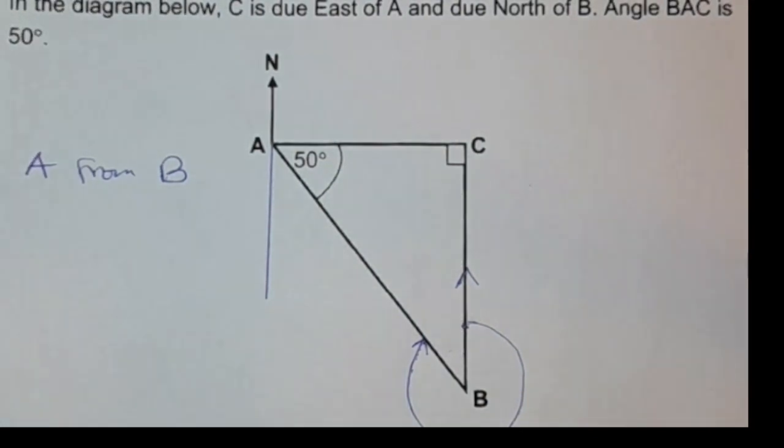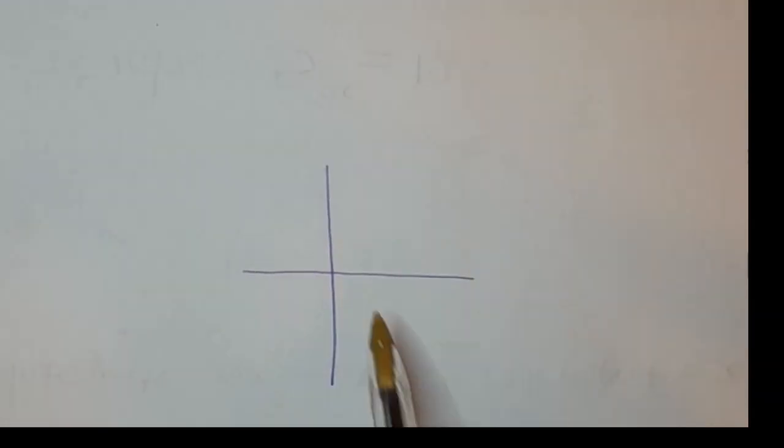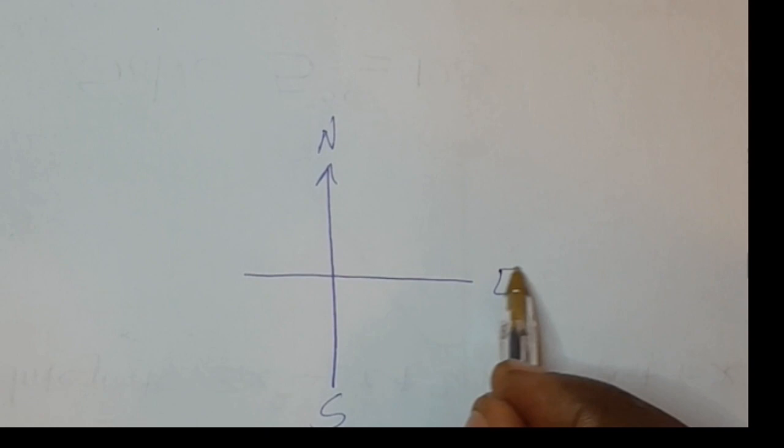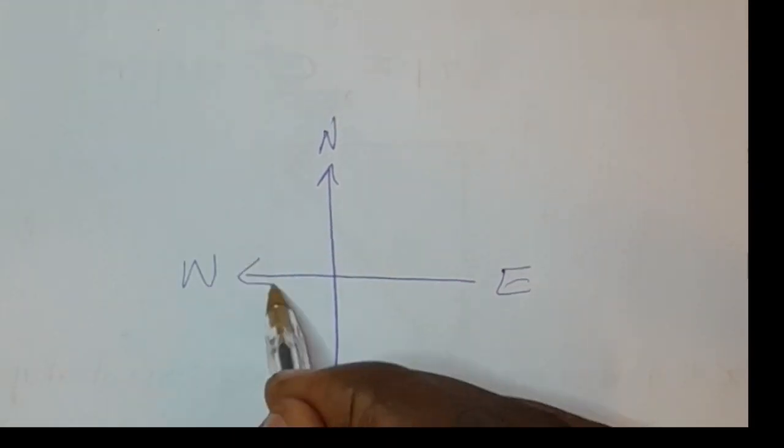Just for your own information, if you are using compass bearings, you have the north, the south, the east, and the west.